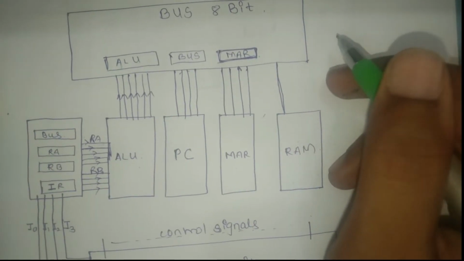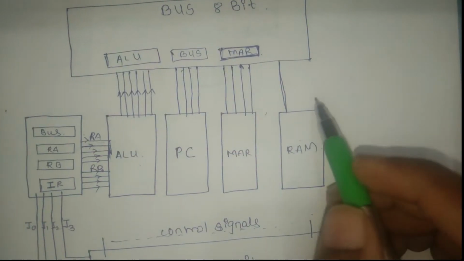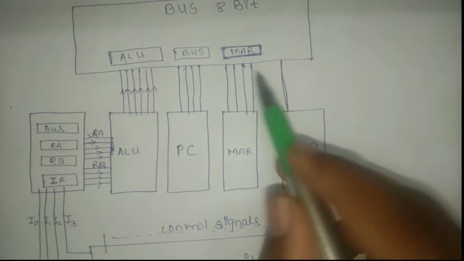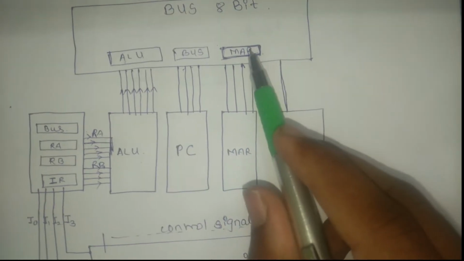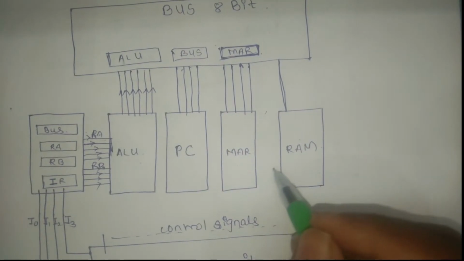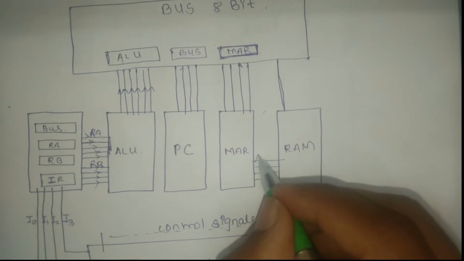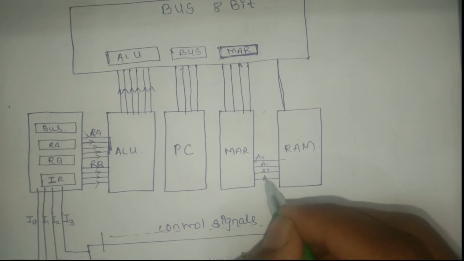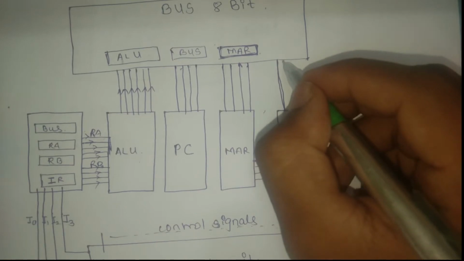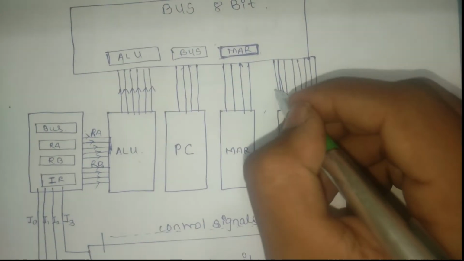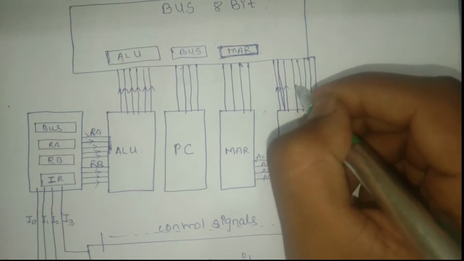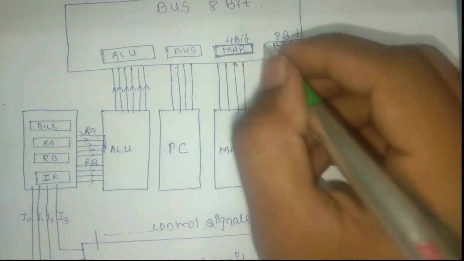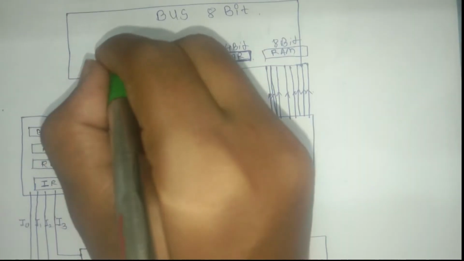The other is the address lines coming out from the memory address register, which will be directly connected to the RAM. These are address lines A0, A1, A2, A3, and the RAM will output the 8-bit value onto the bus. I'll write here, it's a RAM. These are the lower 4 bits. This is 8-bit.